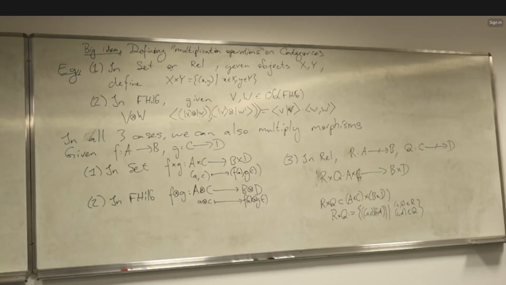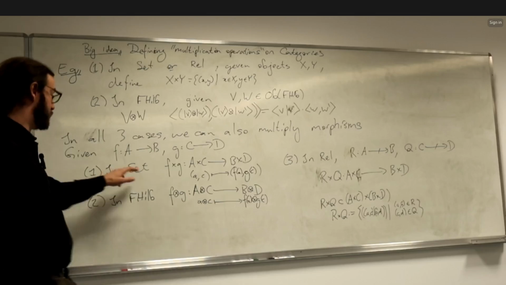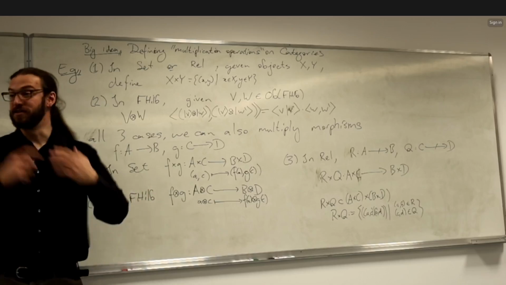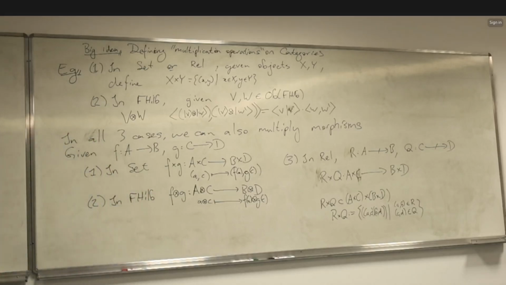So for instance, the Cartesian product defines a functor from set times set to set. And the tensor product defines a functor from finite Hilbert spaces times finite Hilbert spaces to finite Hilbert spaces. So we have some nice sort of multiplication operation structure.